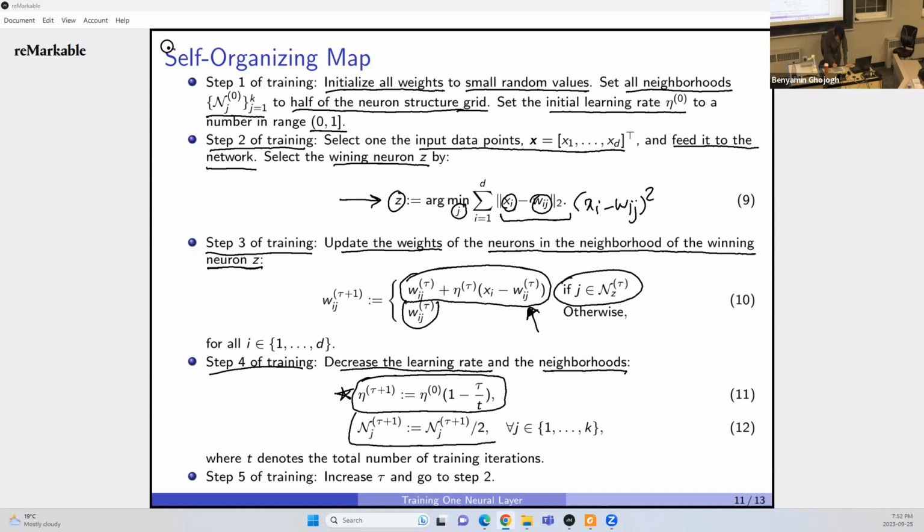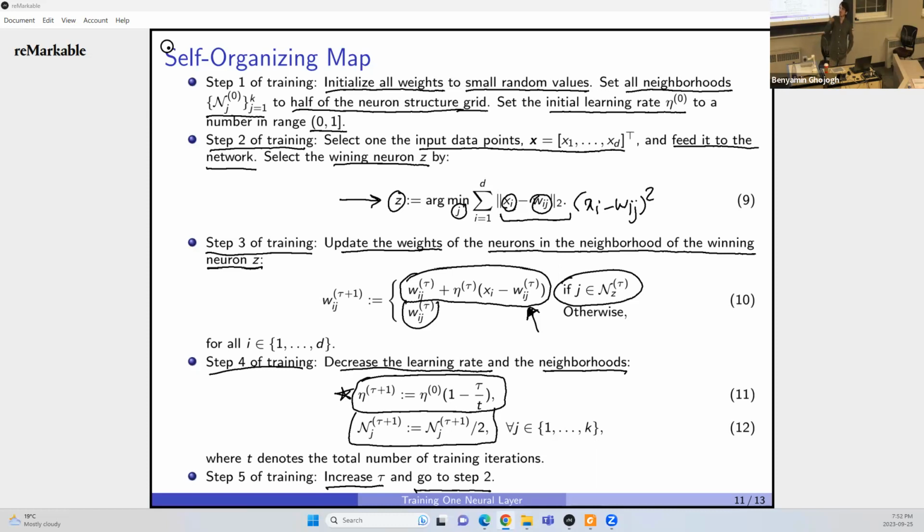And now, let's halve the neighborhood at every iteration. So we decrease the neighborhood. Step 5, increase the iteration index and go to step 2 and repeat this procedure. Gradually, the neighborhoods become so small that they become one neuron, and the weights of the neurons have been updated so they can cluster data.